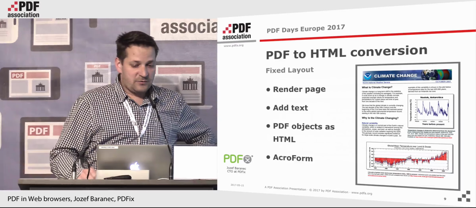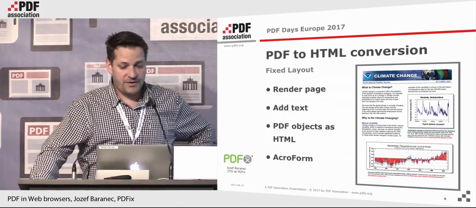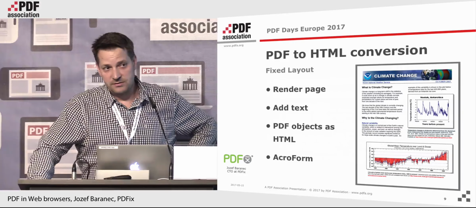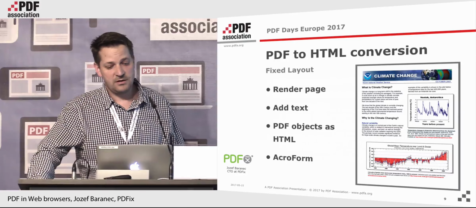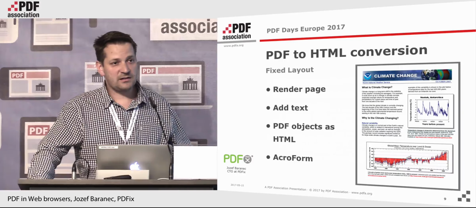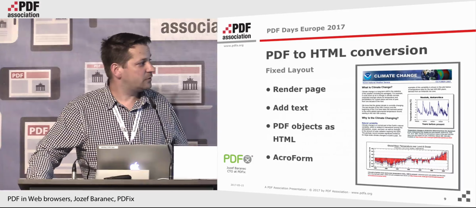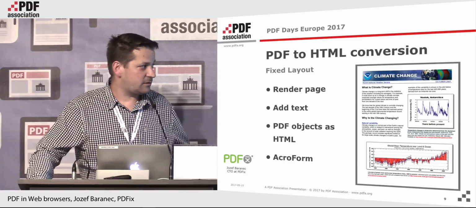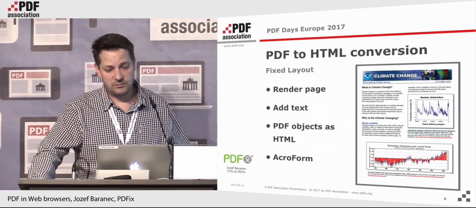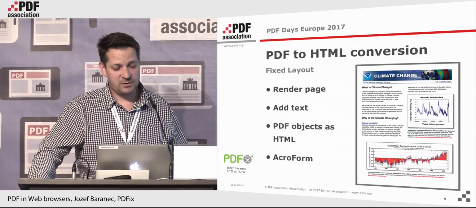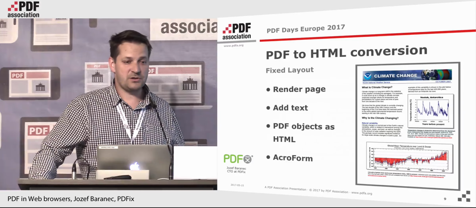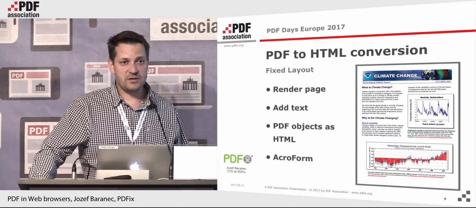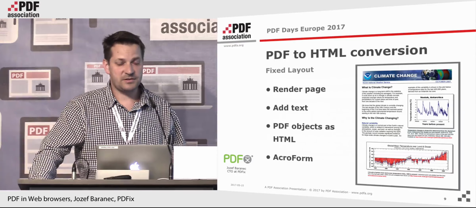So if you look at PDF to HTML conversion, there are mainly 2 ways to provide the content. Either as is, as it was designed, so you see exactly what the author wanted to present. Of course, there are many ways to build an HTML page. One solution is to render the page to an image, and you will get exactly the correct representation.